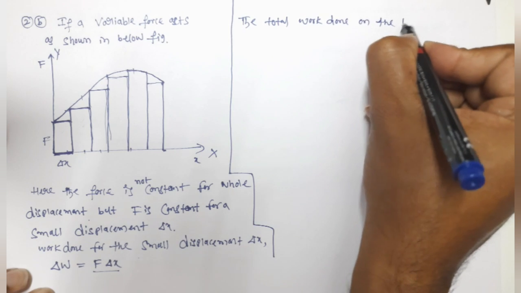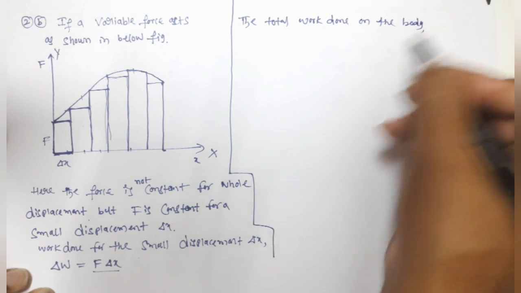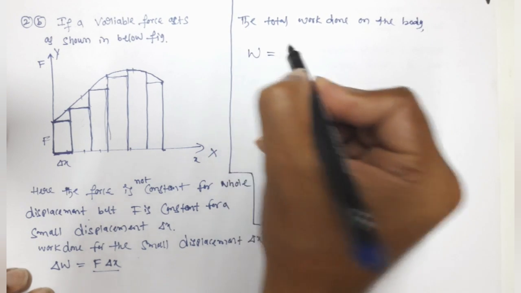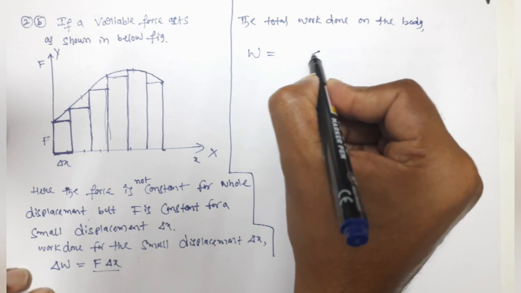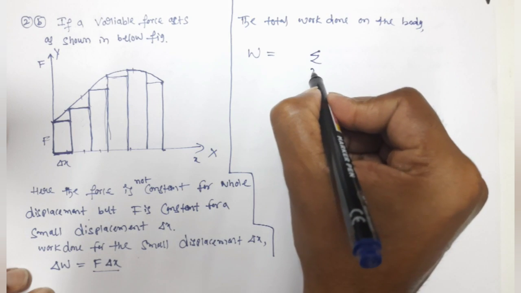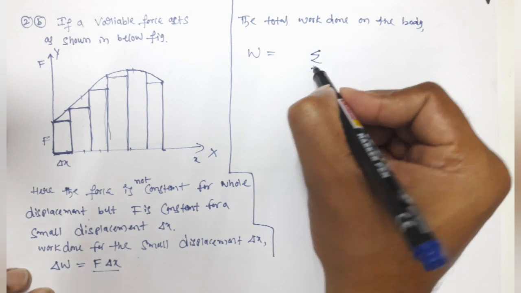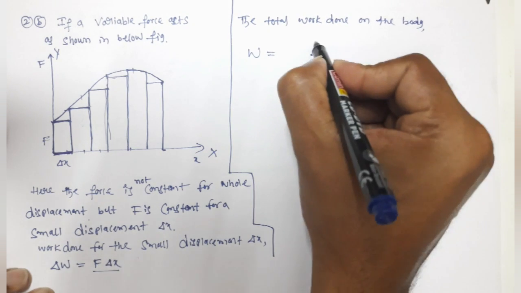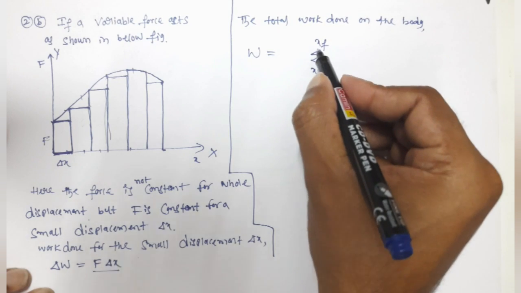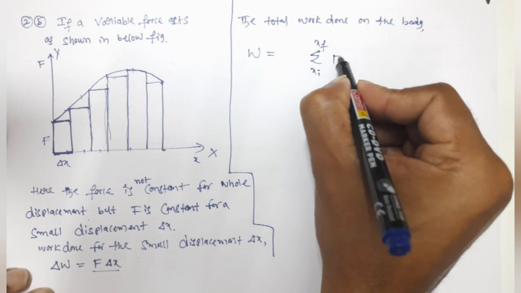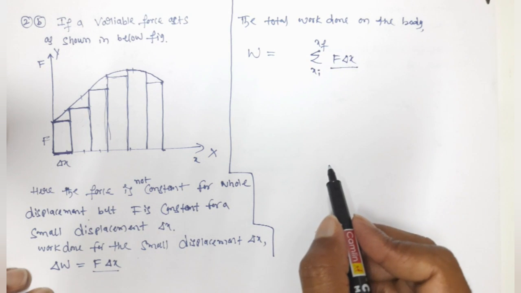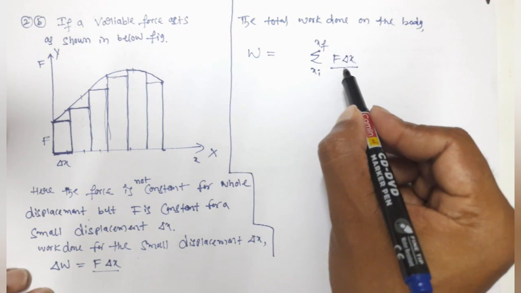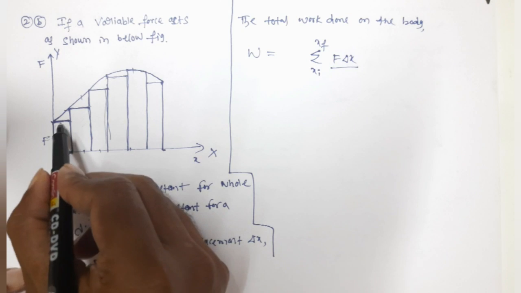The total work done on the body, total work done is equal to, what do we do, guys? Summation over xi to xf, initial position to final position, of F into delta x. This term represents only a small work done, F into delta x.